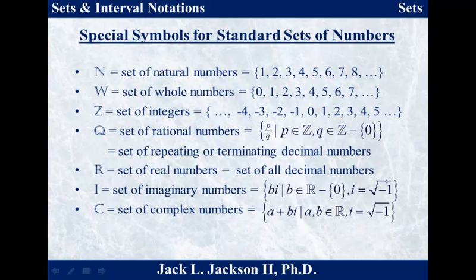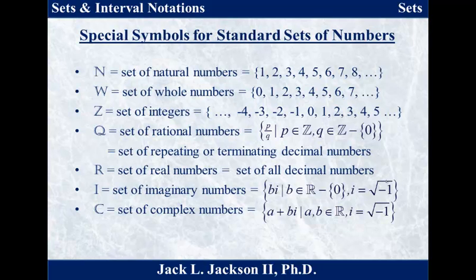Now, I've already used this in the last section and earlier in this video a little bit. Here are some symbols for some standard sets of numbers. They're all using a blackboard boldface font, which is what you do for these particular sets. So the N is for the set of natural numbers, the set containing 1, 2, 3, 4, 5, 6, 7, 8, and so forth.